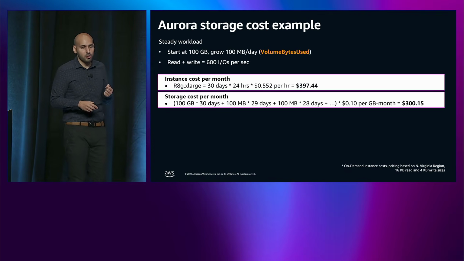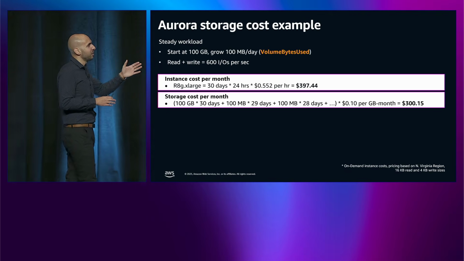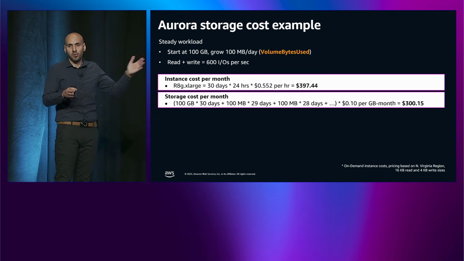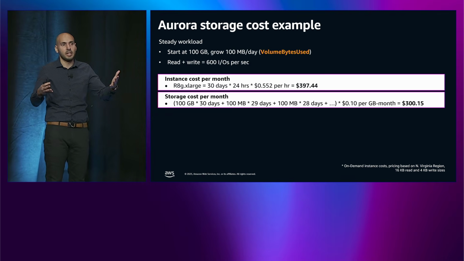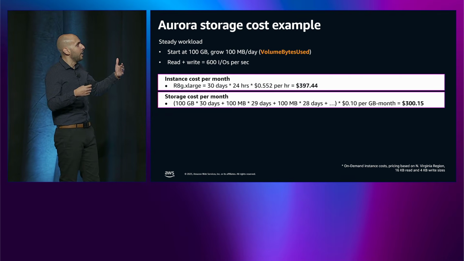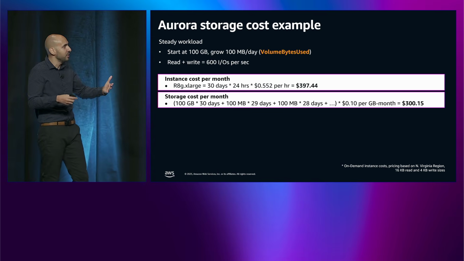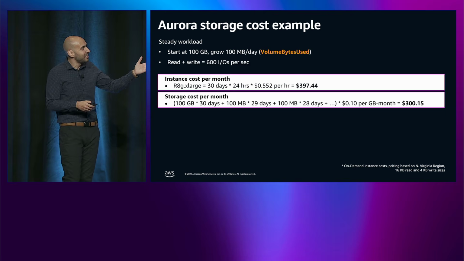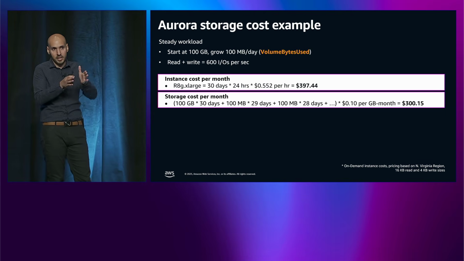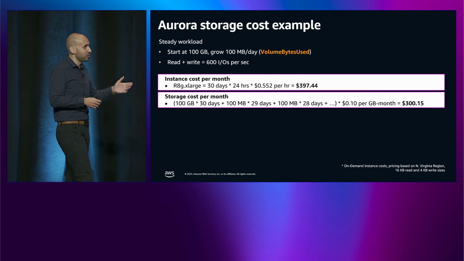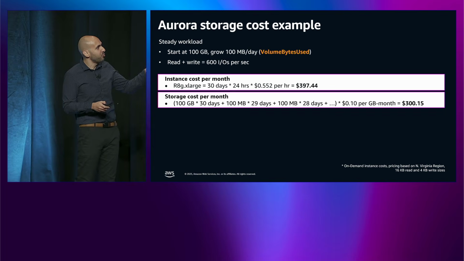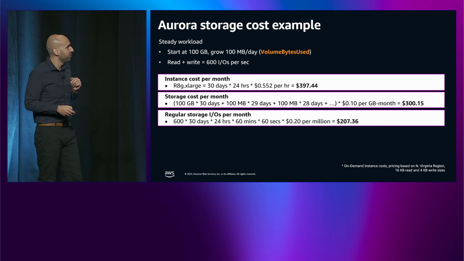We also can see the storage cost per month. Now, we don't need to think about the math here. I already did the math for how much it costs per month by taking into account the growth rate, not just the initial storage size. And you can see that with 10 cents per gigabyte month, that's the storage pricing based on North Virginia, we get to roughly $300 per month.